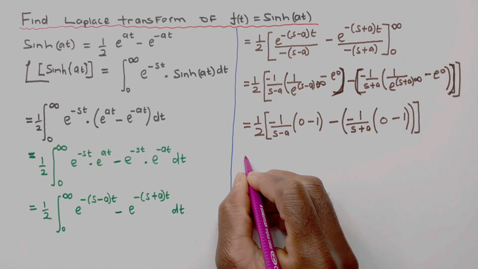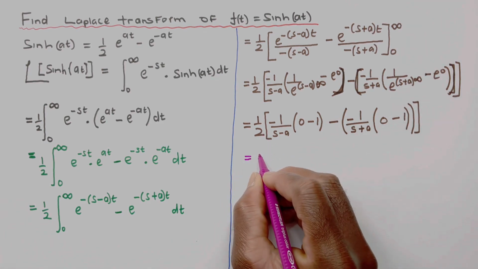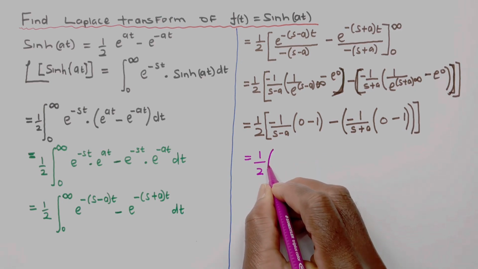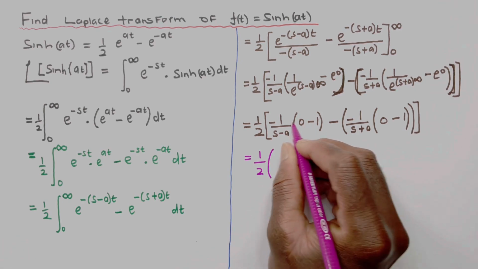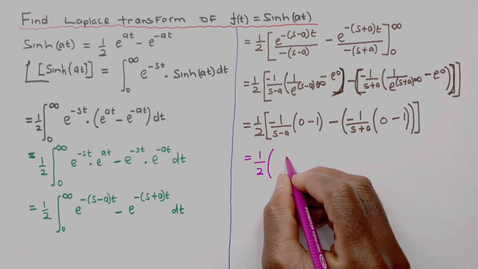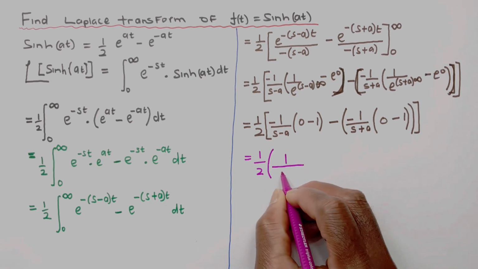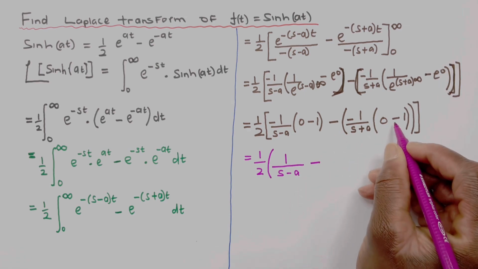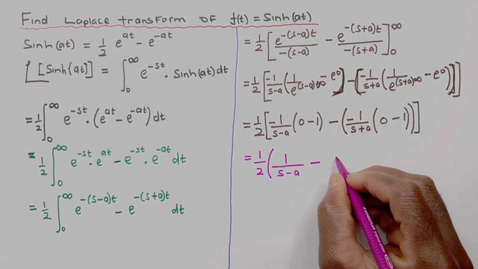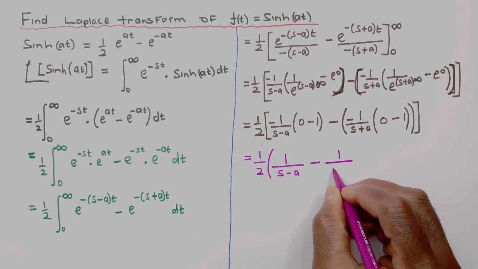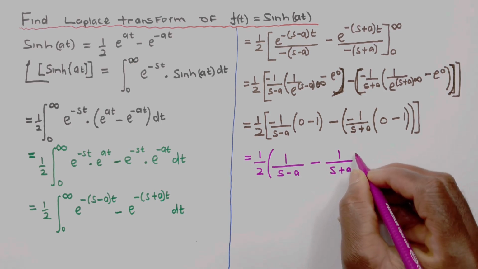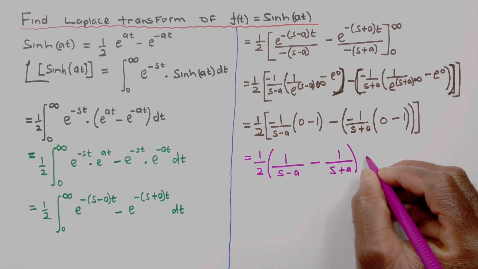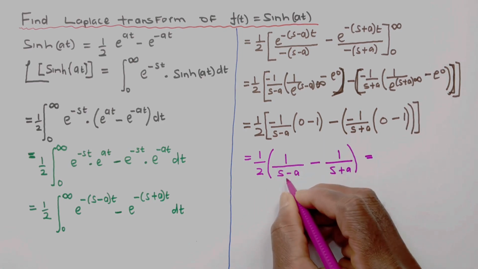And we have a half into bracket, times minus 1, that'll be 1 over s minus a, minus 1 over s plus a. Now we need to find a common denominator and simplify.